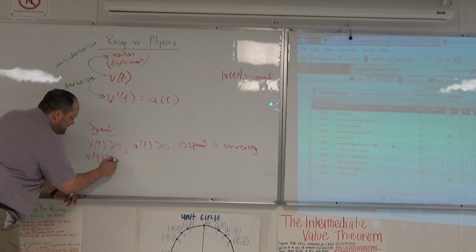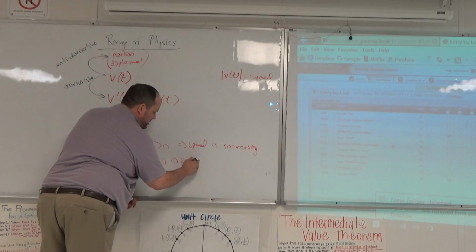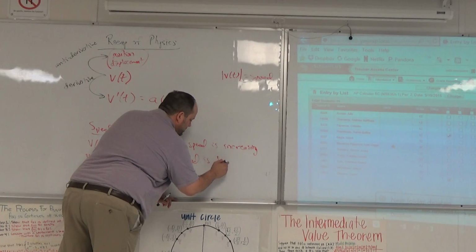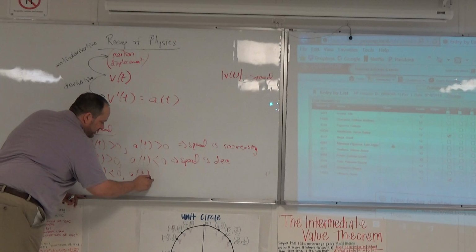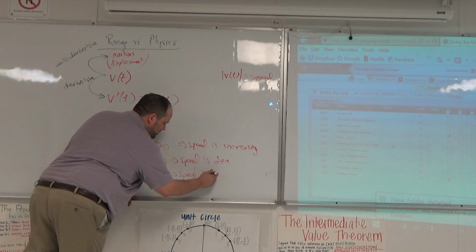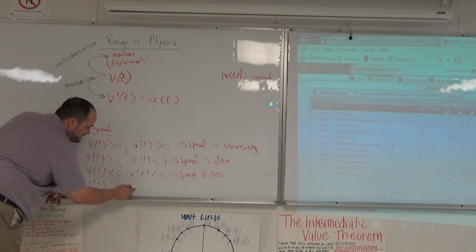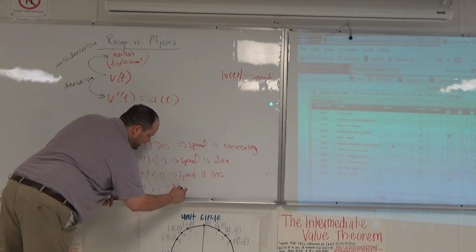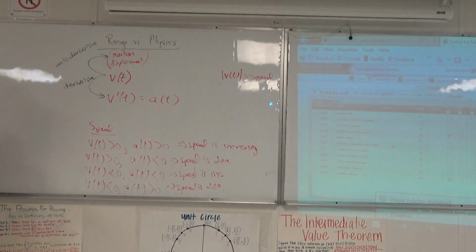All right, velocity is positive, acceleration is negative. Conclusion about speed? Decreasing. Speed should be decreasing. Okay? Velocity is negative, acceleration is negative, speed is increasing. And your last option here, velocity is negative and acceleration is positive. So speed is decreasing.